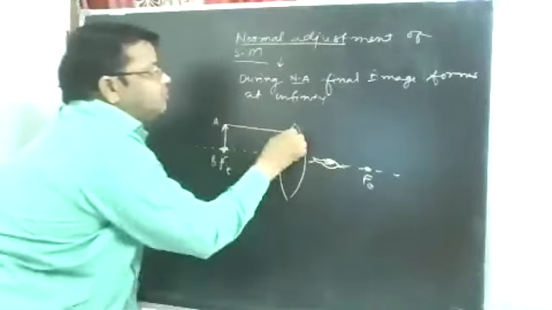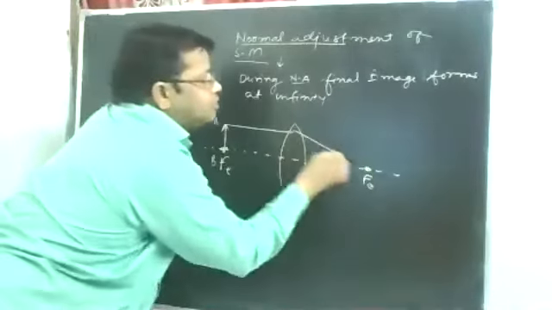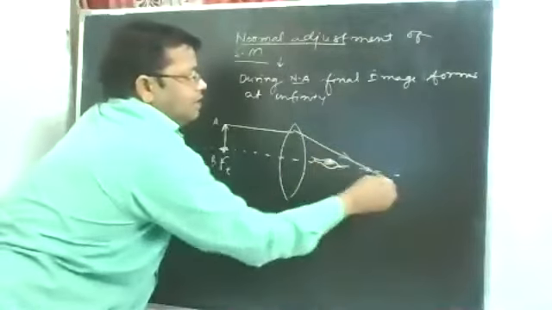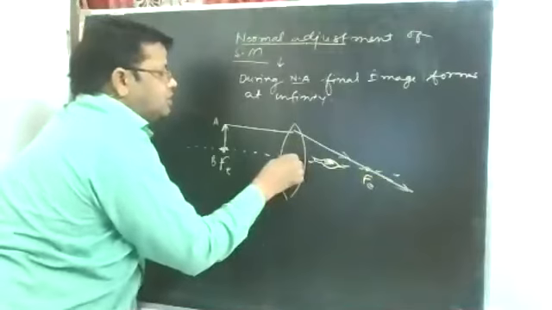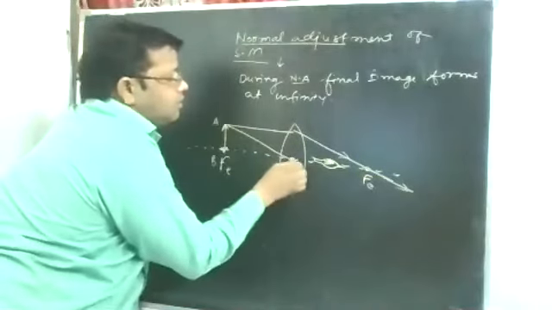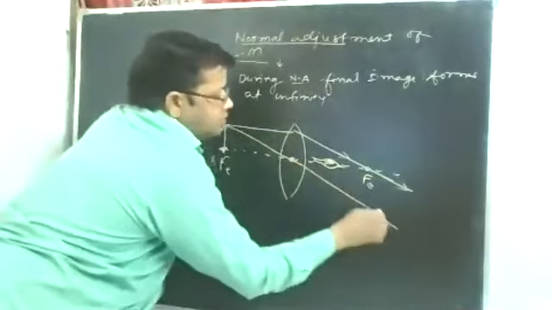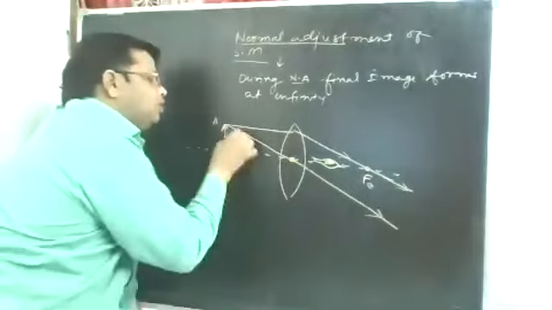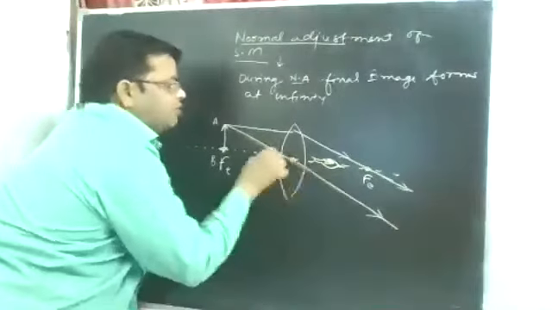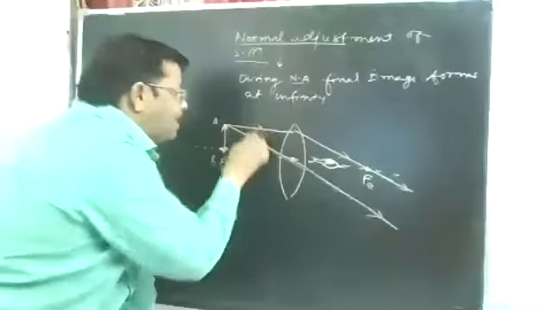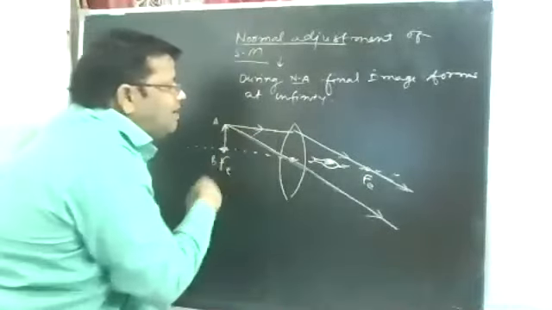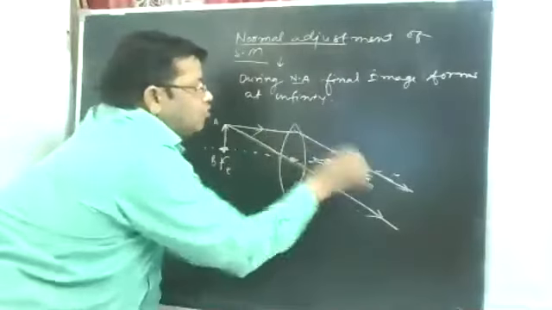The ray passing through the optical center will move in a straight line. And the ray which is passing parallel to the principal axis, that is the paraxial ray, after refraction passes through the focus.